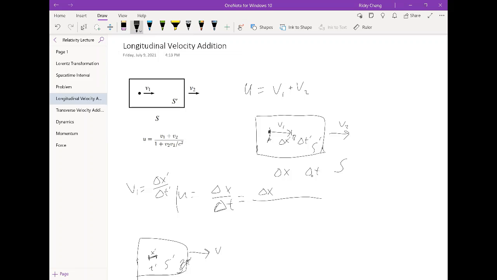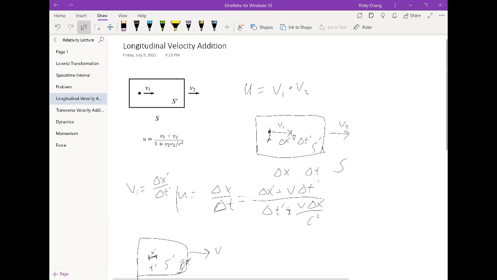The top part is delta x prime plus v times delta t prime, and the bottom part is delta t prime plus v times delta x prime over c squared, right?